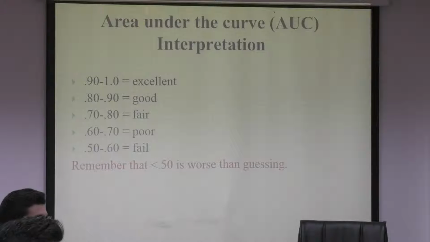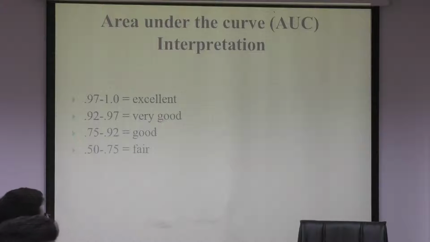So you have to provide a reference for these cutoff points, and they are available in the literature. Here is another one: 0.97 to 1 is excellent, and 0.75 to 0.92 is good, because of different contexts and so on.